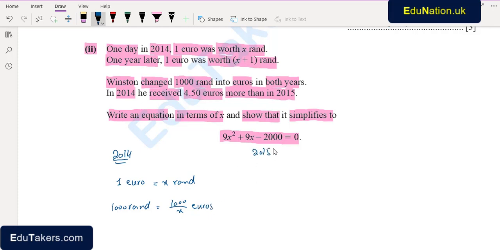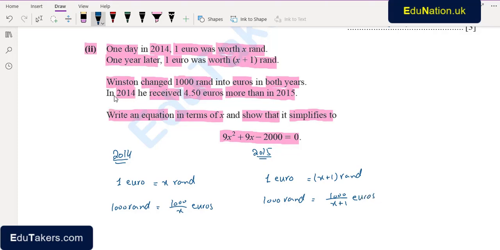In 2015, €1 was x plus 1 rand. And Winston changed 1000 rand. So 1000 rand will be equal to 1000 over x plus 1 euros.